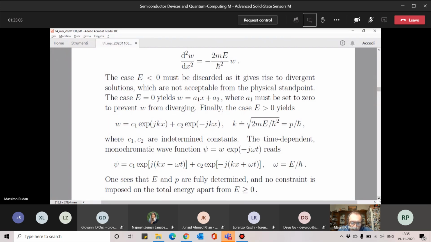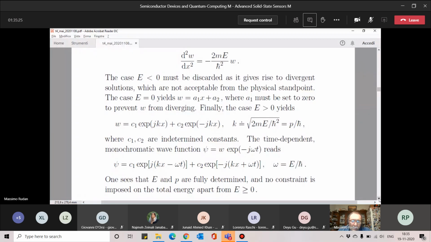So the particle has a non-zero probability of being found anywhere along the axis, so no information about position, but also no information about the direction of momentum.